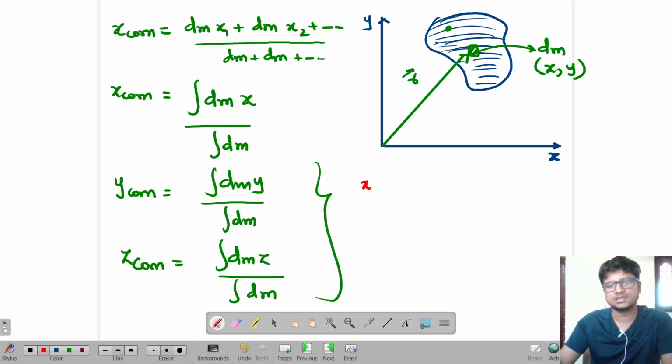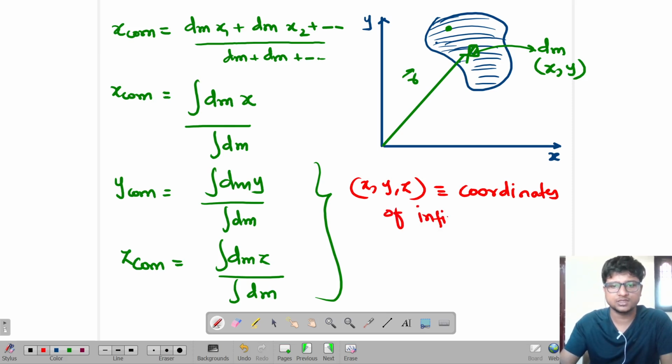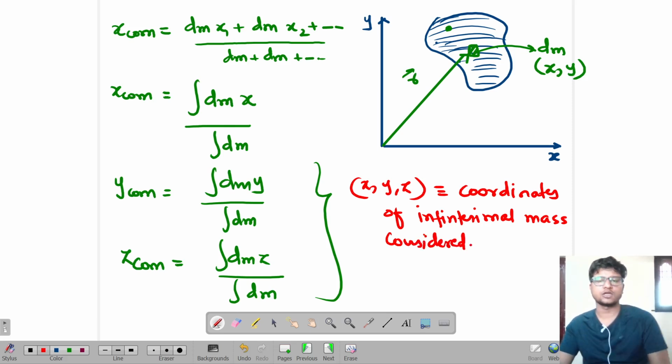So x comma y comma z are the coordinates of the infinitesimal mass considered. Are you able to get me or not?